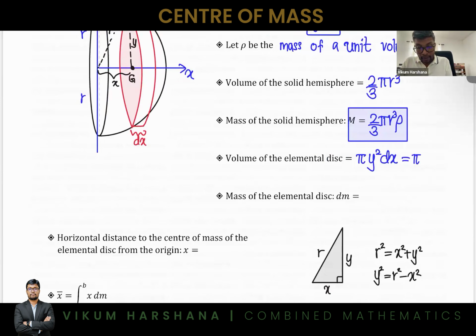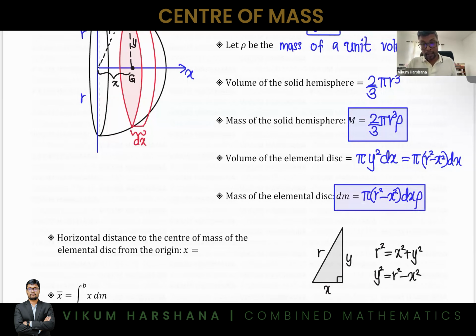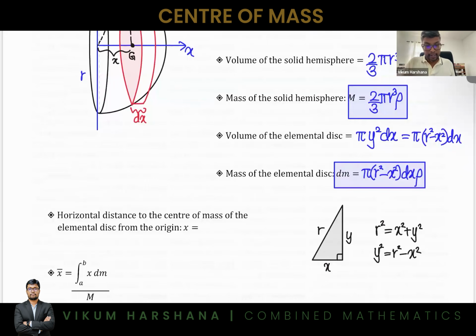Instead of y squared, let's write r squared minus x squared dx. Here we go. Pi times r squared minus x squared dx into rho. So that's going to be dm. Very easy. Yes, it's all about writing y in terms of x.